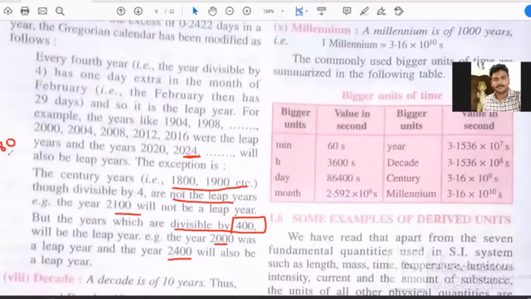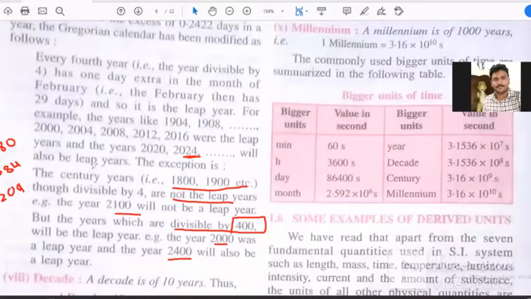Now again add 4 to it. It will become 2084, which will be a leap year. Then add 4 again, it will be 2088. Then again add 4, 2092. Something like that.